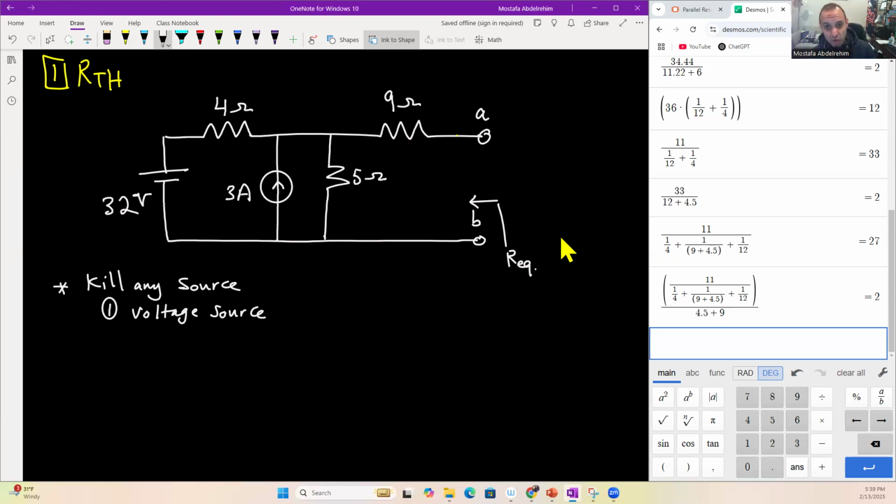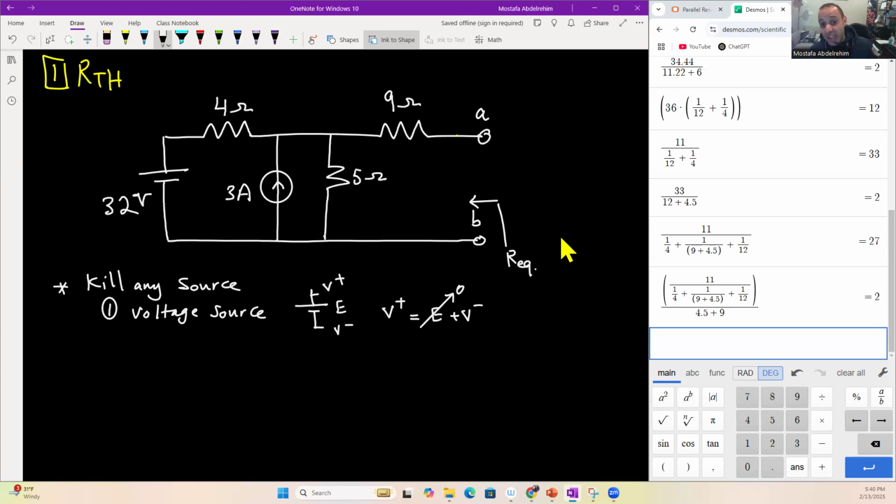What is the job of a voltage source? If you have a voltage source like this, it has a positive terminal and a negative terminal. It gives you a voltage E, so it makes V positive larger than V negative by E. If E is 0, that means V positive is equal to V negative, so basically you don't have a voltage source anymore because you don't have a voltage difference, correct?